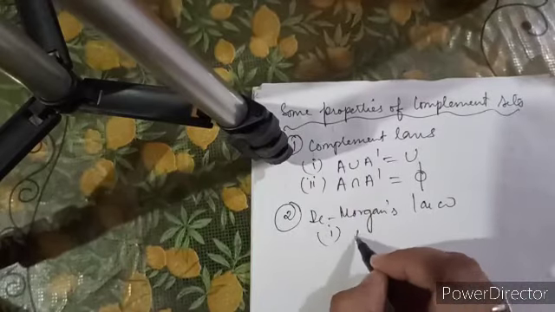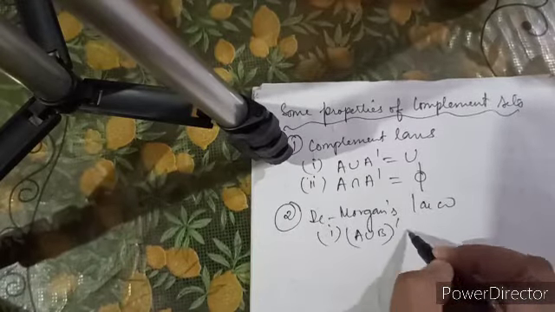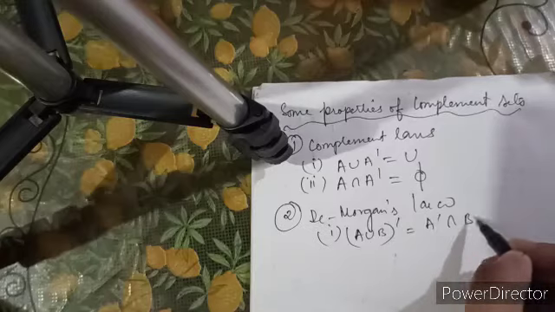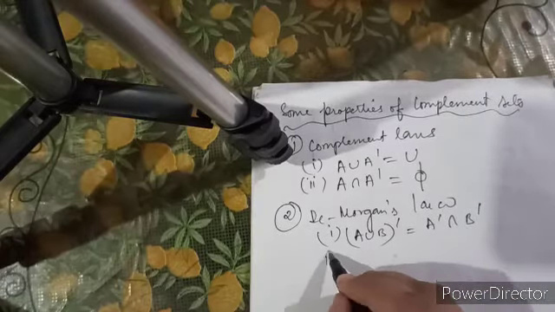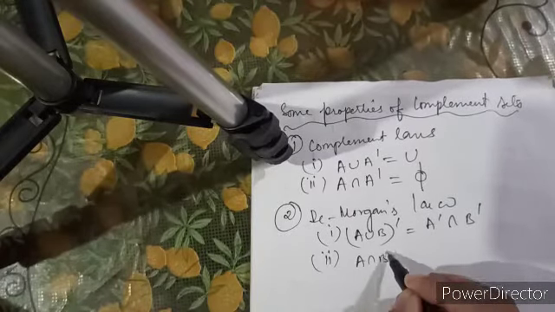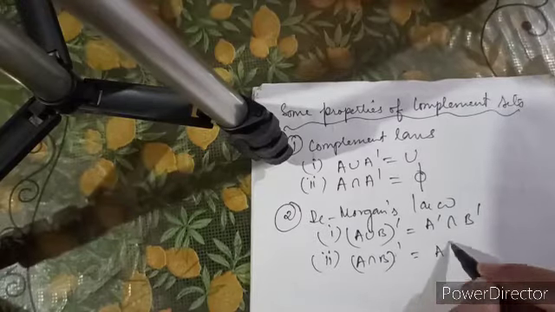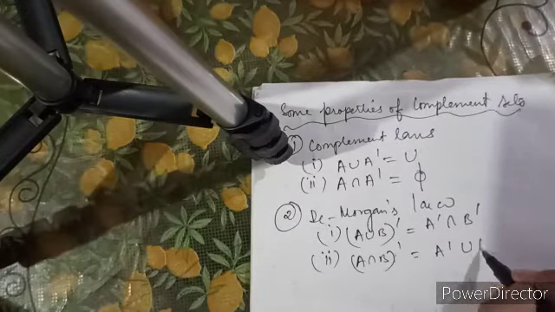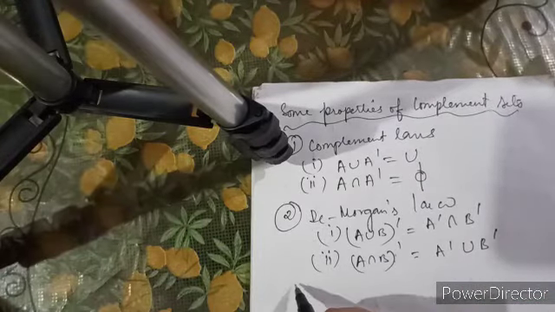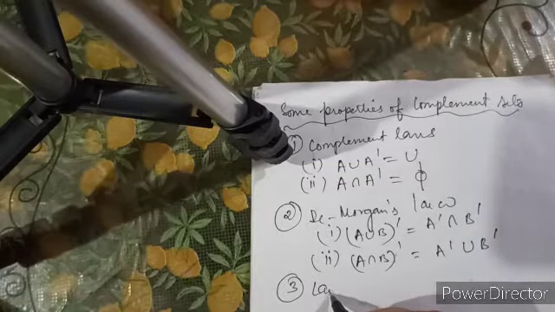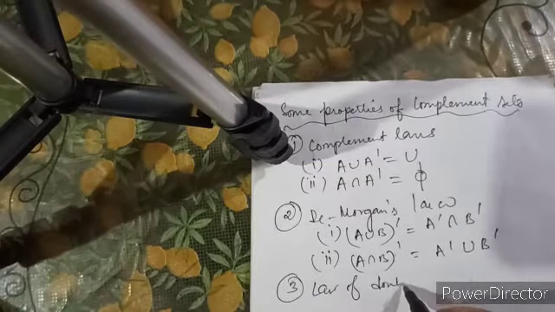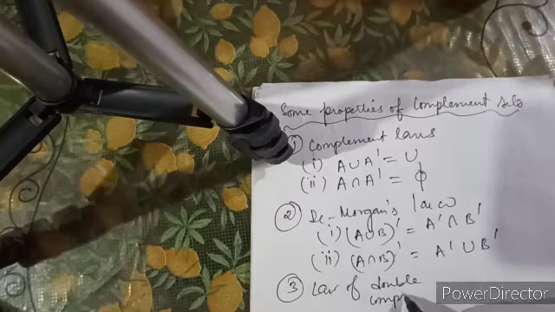A union B complement is always equal to A complement intersection B complement, and A intersection B complement will be equal to A complement union B complement. The third is the law of double complement.